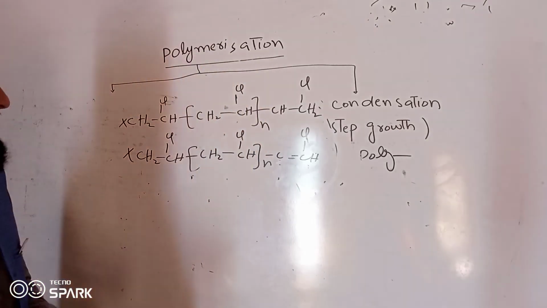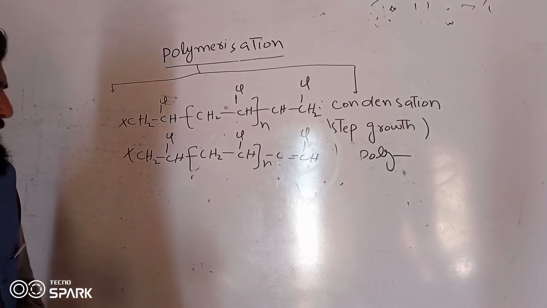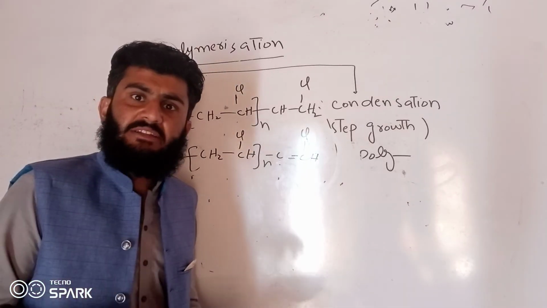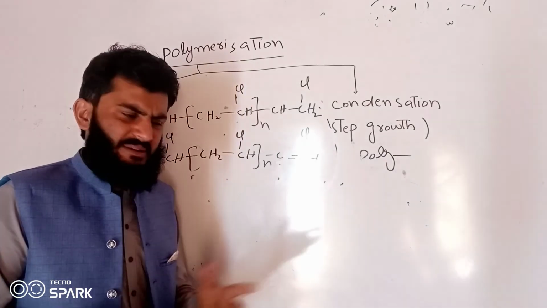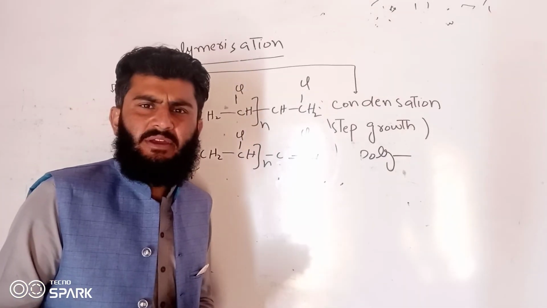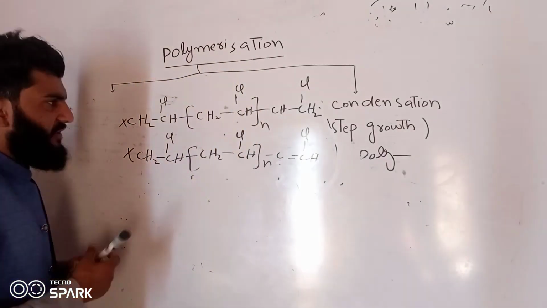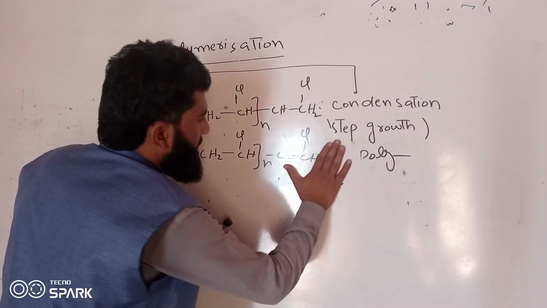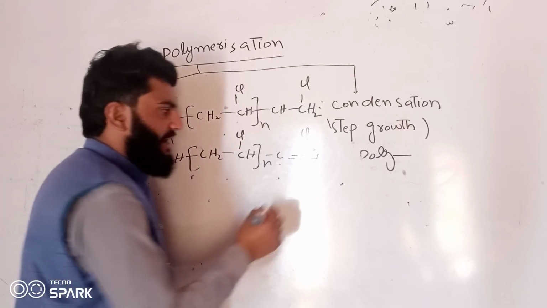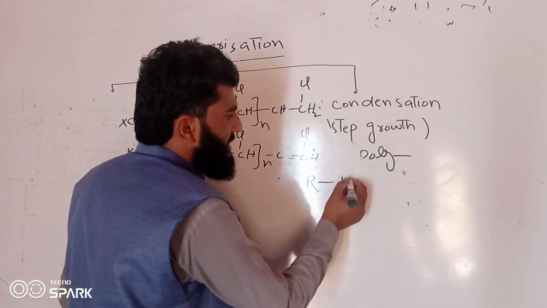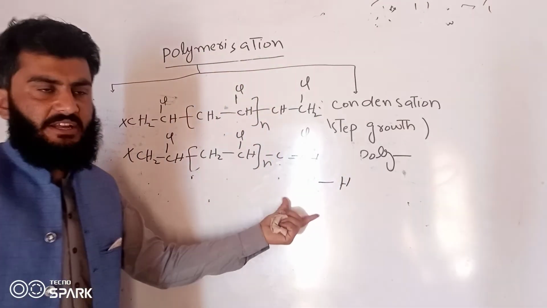The third one is by the chain combination. Clear? But it is a rare way for this to occur. For example, this is a propagated species, and we have this long chain in a container.